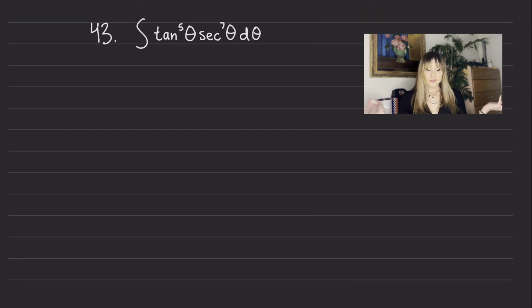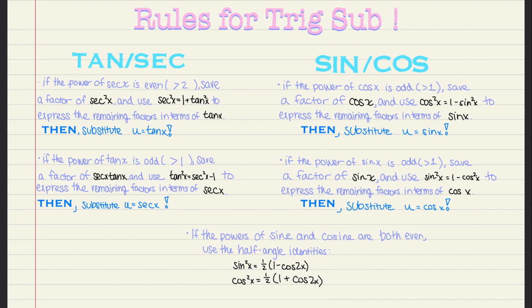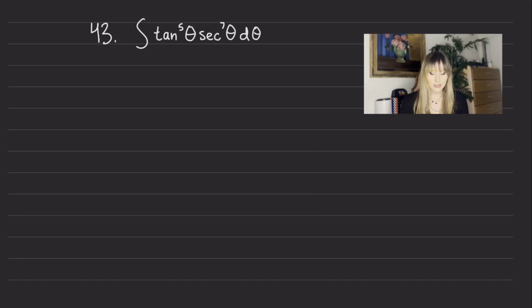So this is some trig substitution. And here are the rules for trig substitution. I know we're gonna have a video on that coming soon, so I'm gonna put the rules here so you know. So tan to the 5th, secant to the 7th.